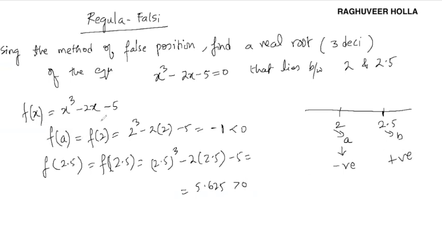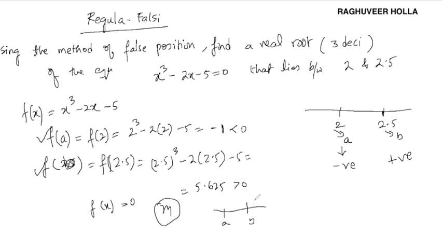So since f of a and f of b are of opposite sign, the given equation f of x equals 0 does have a root, which is m, suppose, between a and b.